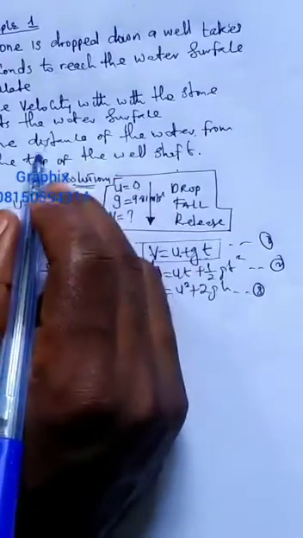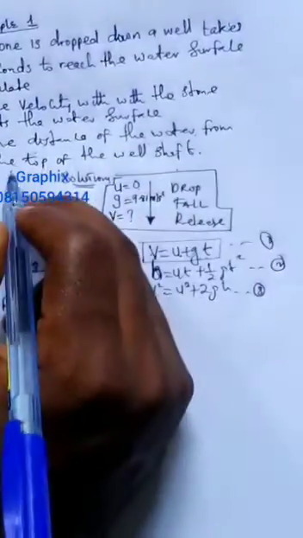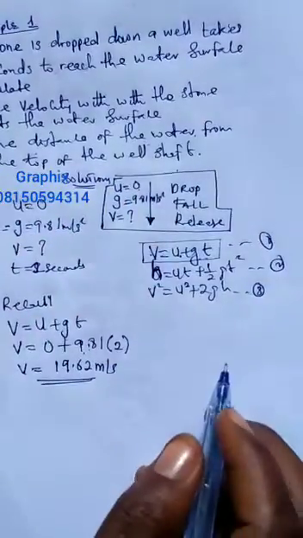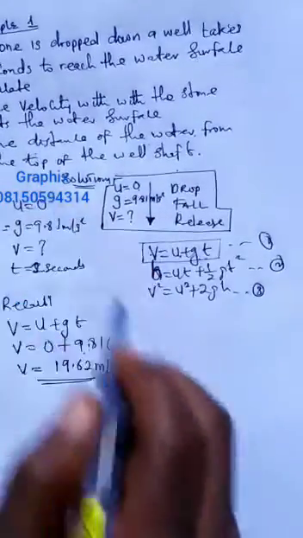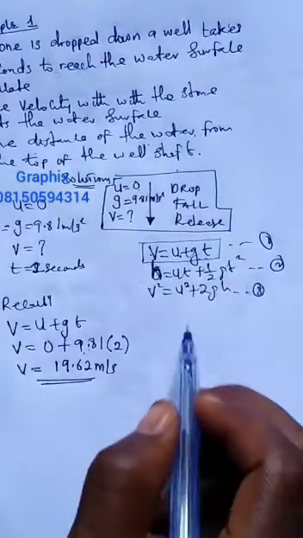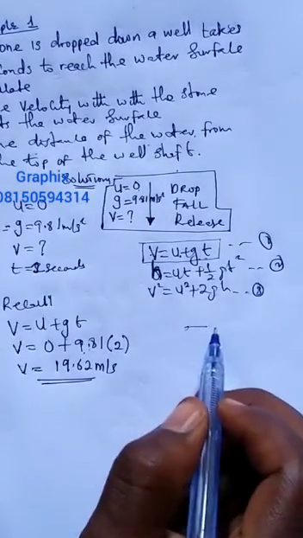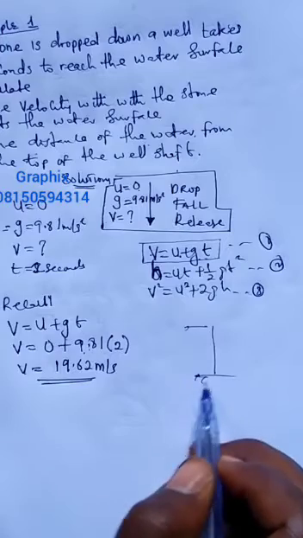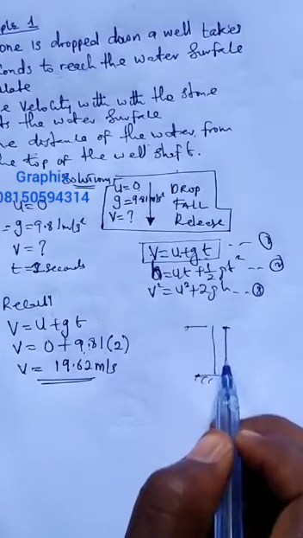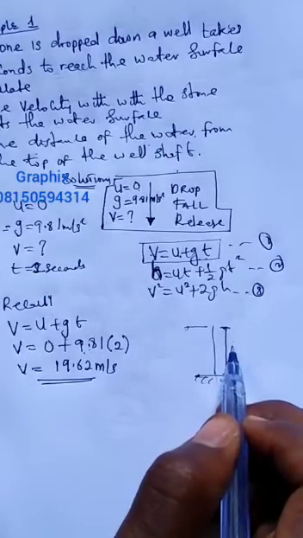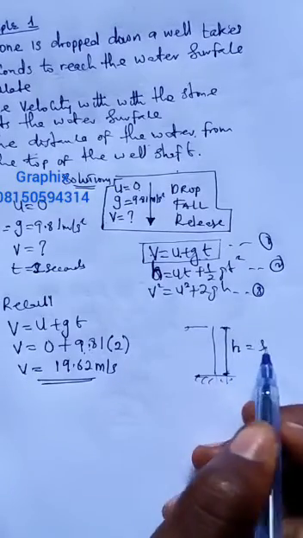Then for B, it said the distance of the water from the top of the well shaft. So we know that distance is also the height, because it means that the ball is falling from this position down to this position here. So we're talking about the distance from the beginning to the end. So we can call it h, it's also s, right?